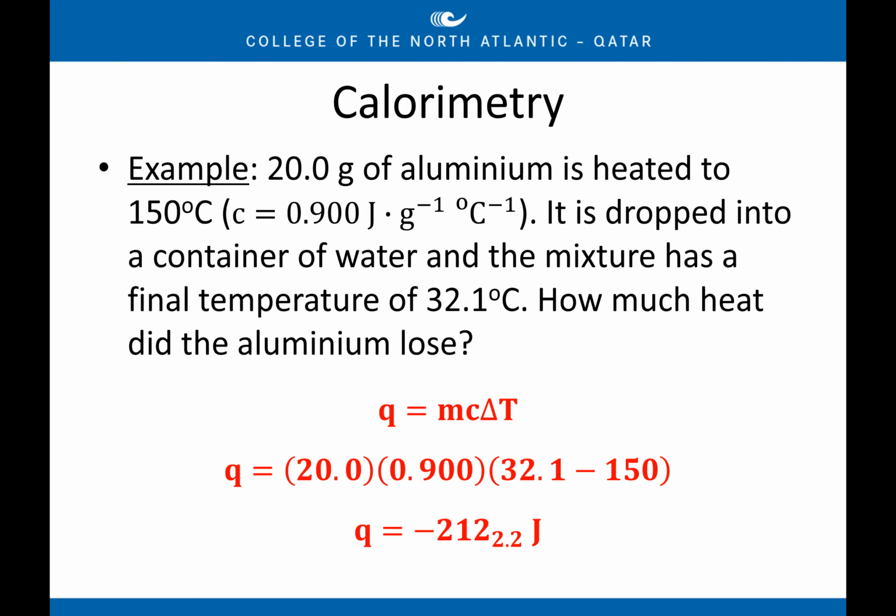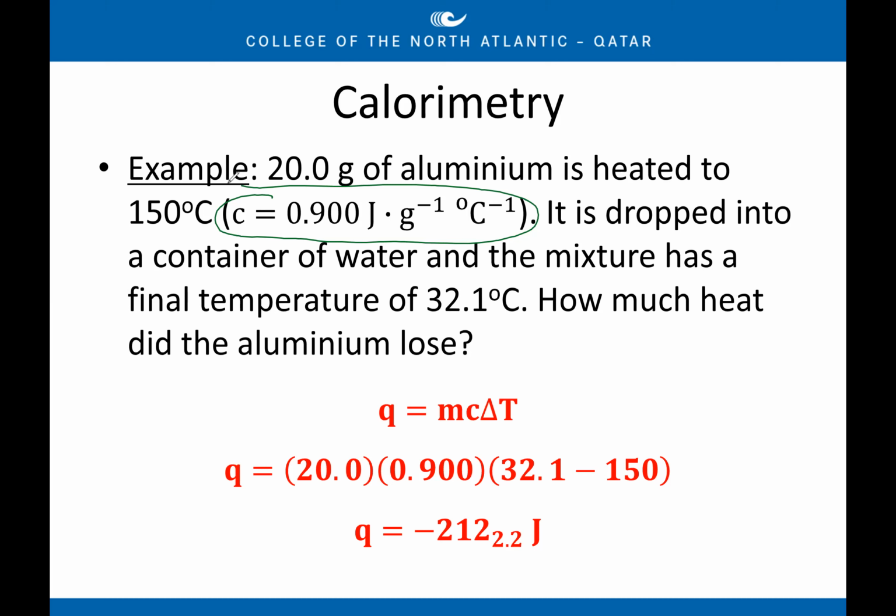Okay, 20 grams of aluminum, heated to 150 degrees Celsius, and I'm given the heat capacity of aluminum right here. Notice that our system right now is aluminum, so I can't use water. I'm using a pure metal.